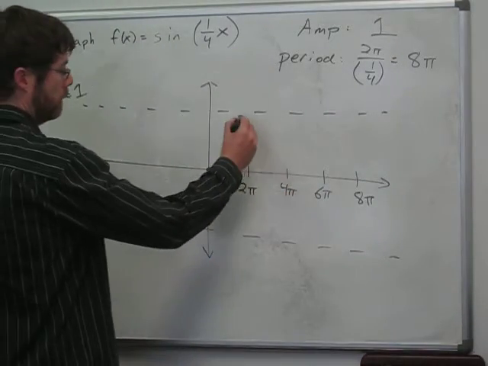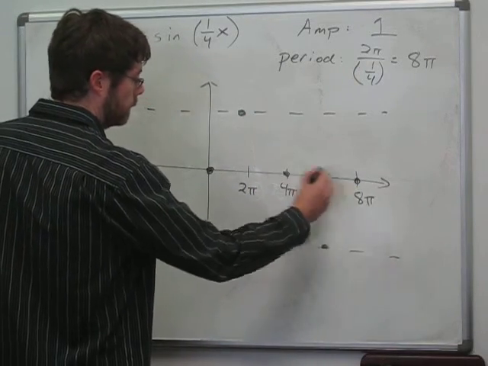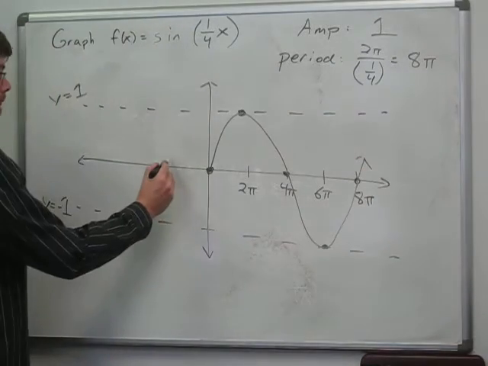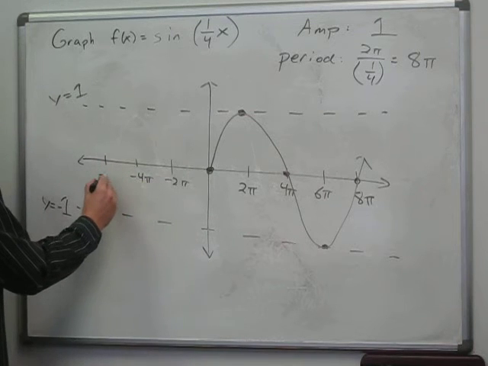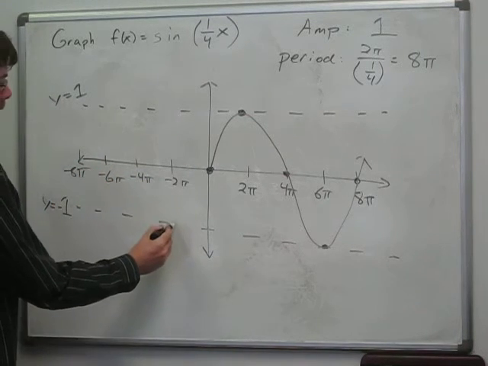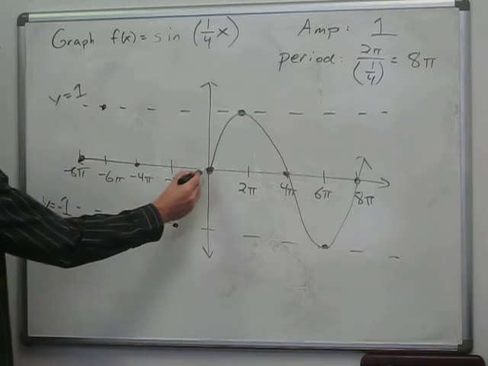Okay. So we go up, back to 0, down, back to 0. Put down our quarters on the left side, down to -1, up to 0, up, back to 0.